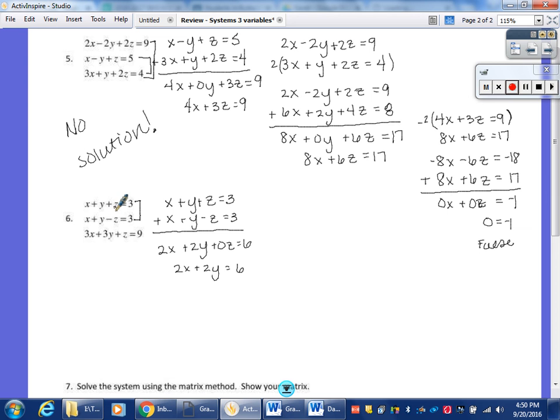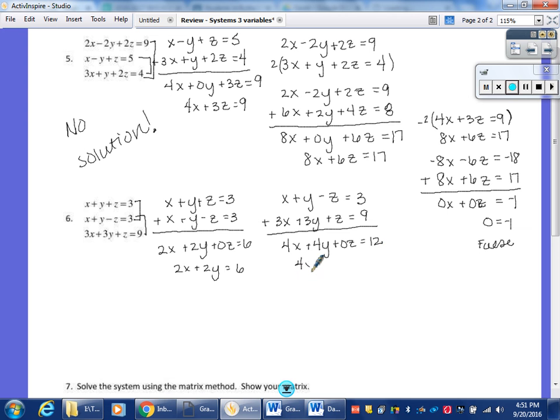And then I pick another set to eliminate z. I'm going to use the second and the third. So that's x plus y minus z is equal to 3, and 3x plus 3y plus z is equal to 9. We're going to add them together. So we get 4x plus 4y plus 0z is equal to 12.